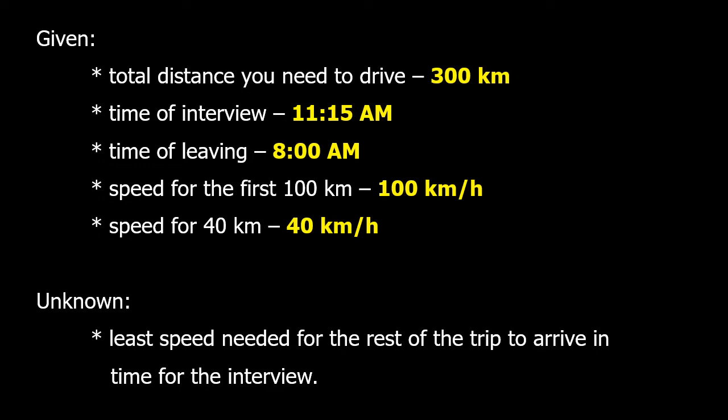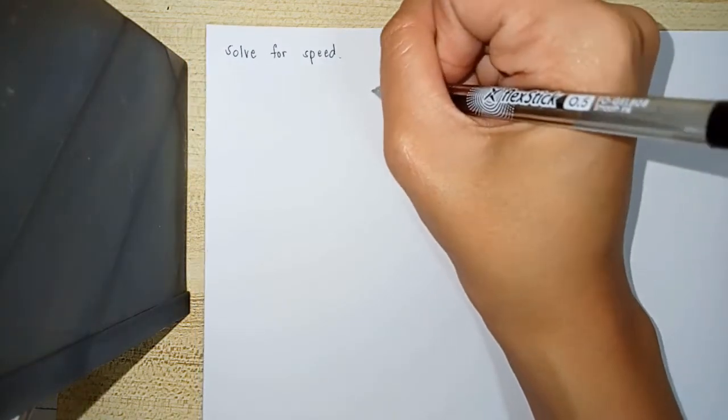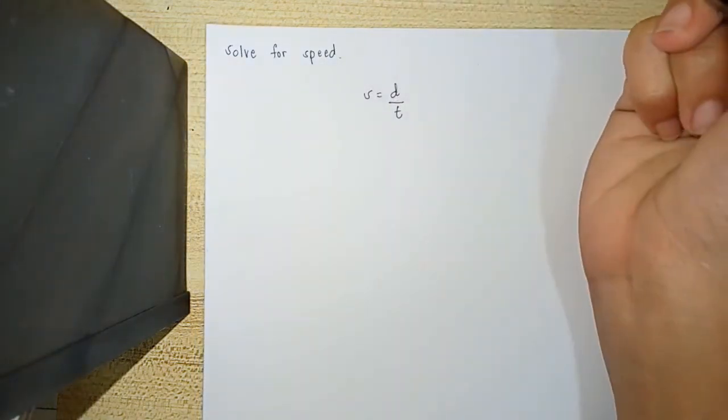The speed for the 40 kilometers is 40 kilometers per hour. Our unknown here is the least speed needed for the rest of the trip to arrive in time for the interview. So how will we solve that? We need to solve for the speed. What's the formula for the speed?